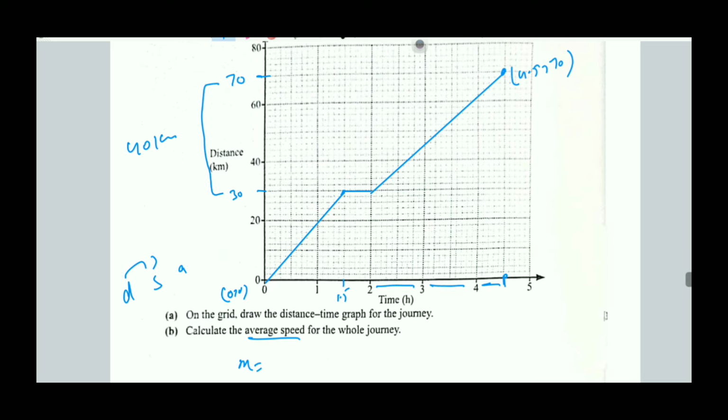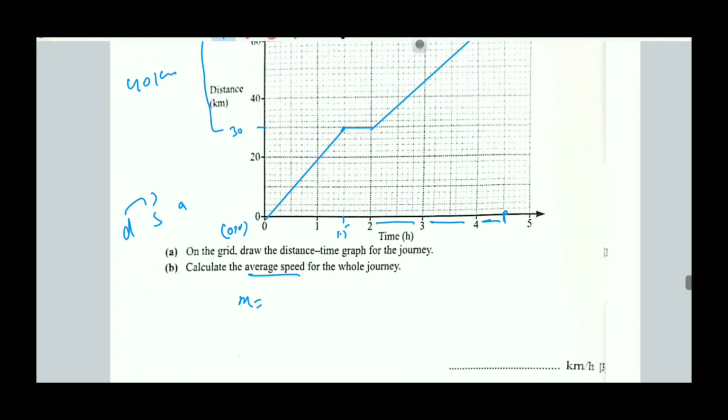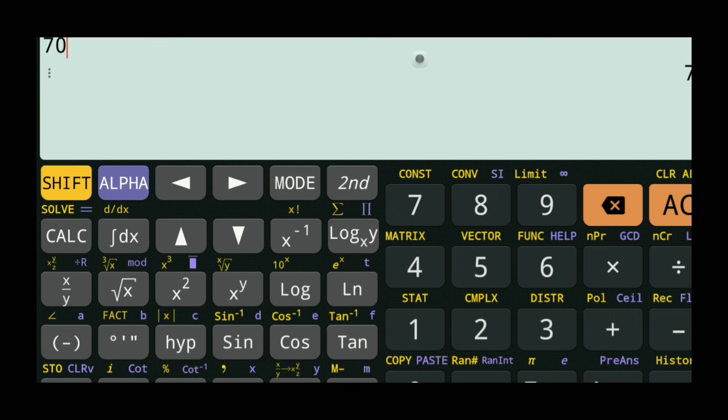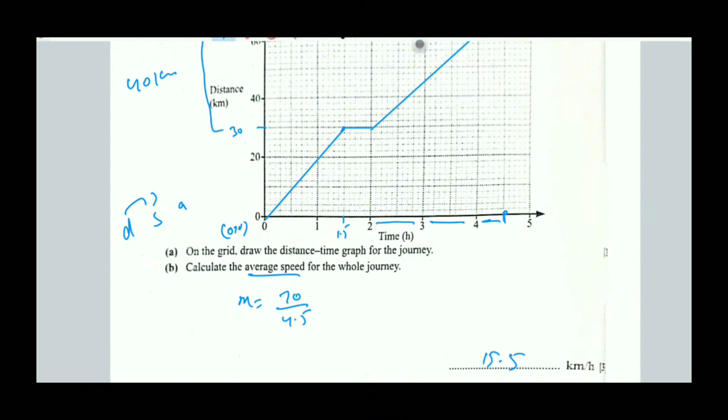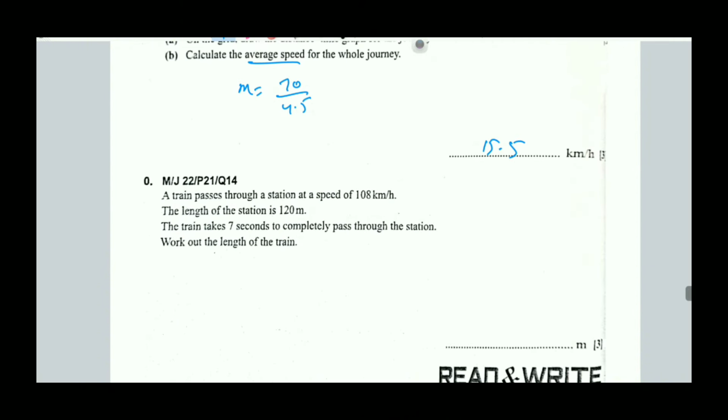So 70 minus 0, 70. 70 over 4.5. 15.5 is the answer.